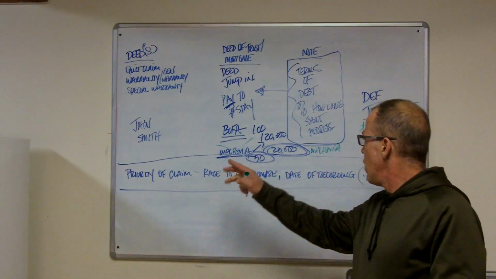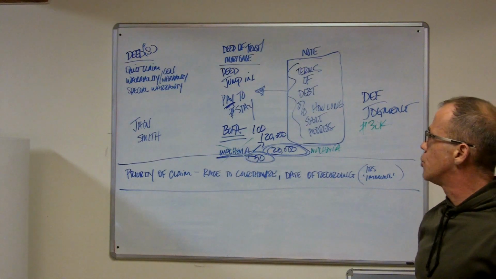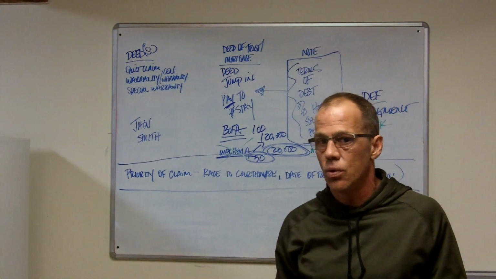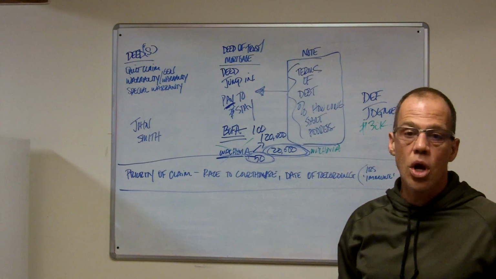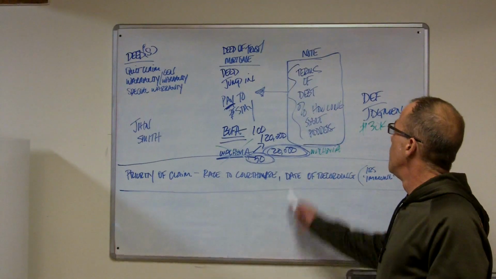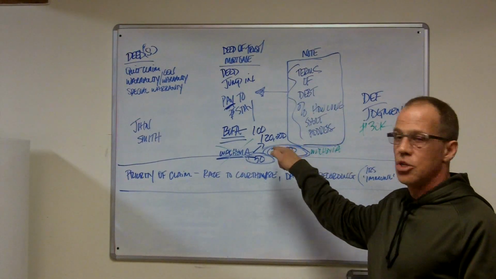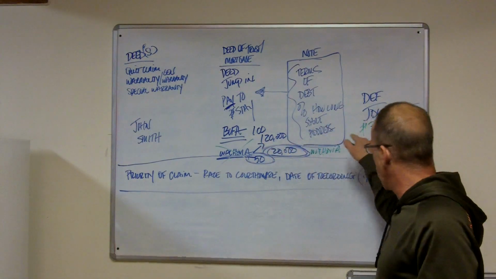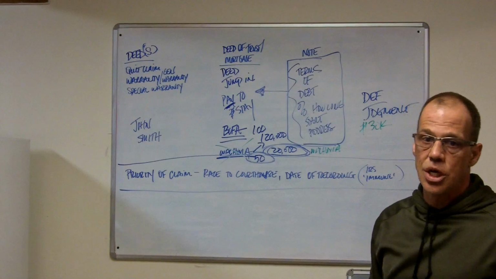So you have to understand how all this works, and that is, yes, deeds of trust are kicked out by the foreclosure, regardless if it's tax or mortgage, by the way, but they are kicked out. The note is not. That's why Wachovia is still in a position to collect surplus funds, and because they didn't have enough to cover their debt, they can also go after a deficiency judgment.